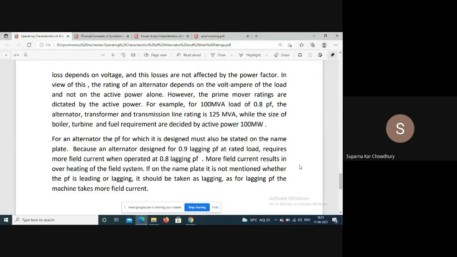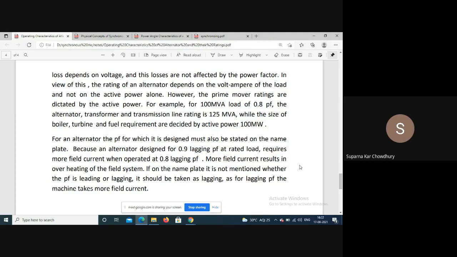Now, the reason is that a machine which is designed for some particular power factor, say 0.8 lagging power factor at rated load, will require more field current if it is supplying the current with the same magnitude but a power factor lower than that, because we have seen that for a lagging power factor current the effect of armature reaction is demagnetizing in nature.